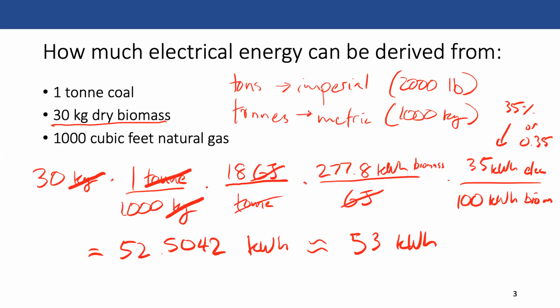So here I can even get rid of the kilowatt hours of biomass and turn it into kilowatt hours of electricity, which is what we want at the end. And then the other point that I was going to make is about significant figures, which is in the final reporting. I'm showing a total of 2 digits here.